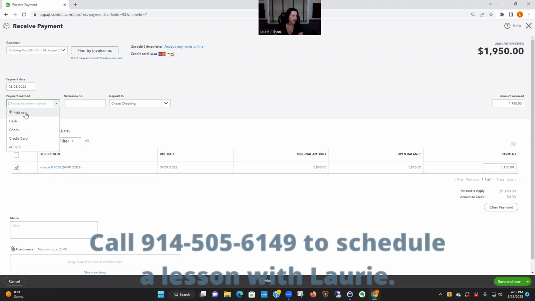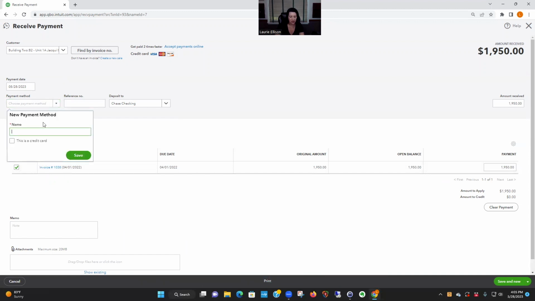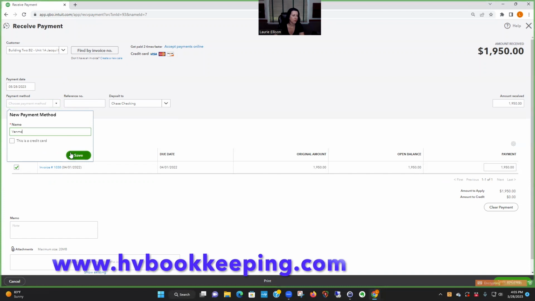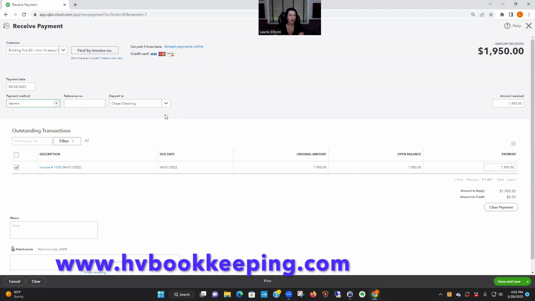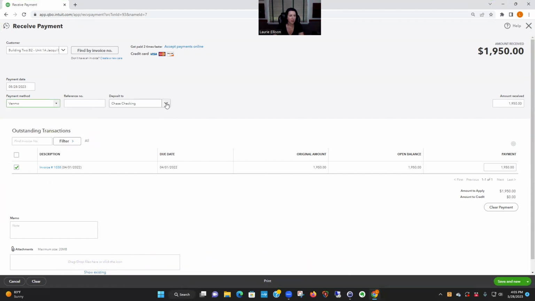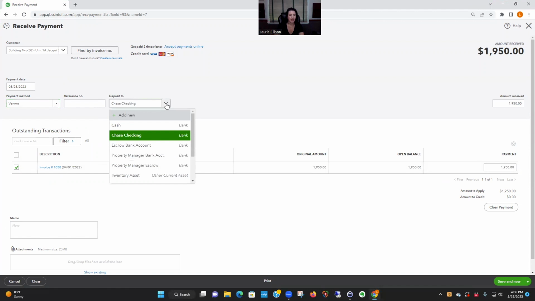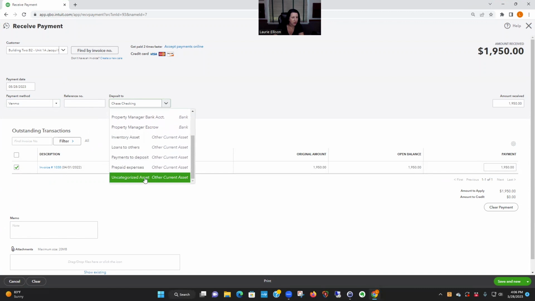And look here, you could even add a new payment method and say Venmo. But the important thing to remember is you cannot deposit it straight to checking to do this fee amount. So you're going to go down to undeposited funds. It used to be called undeposited funds, but they have now renamed it payments to deposit.